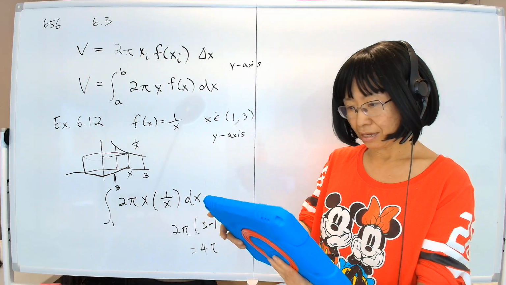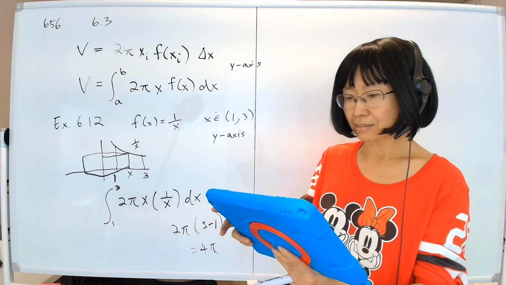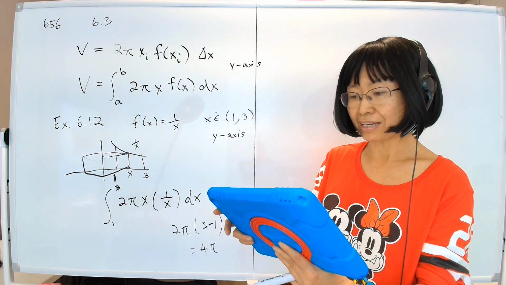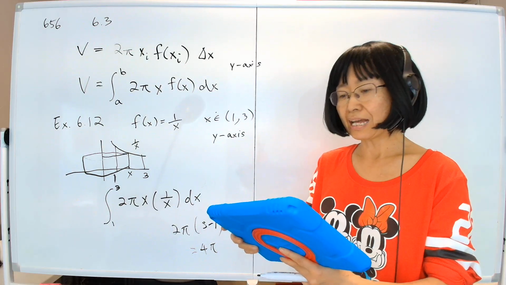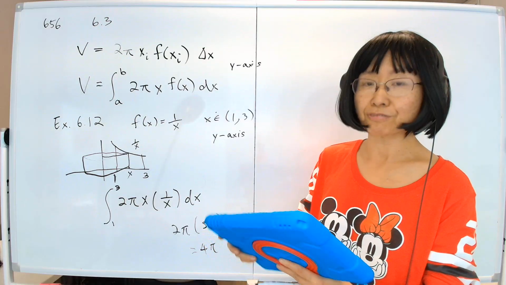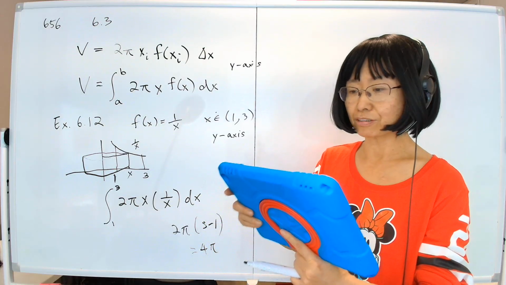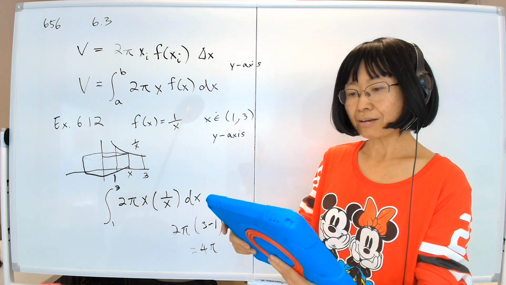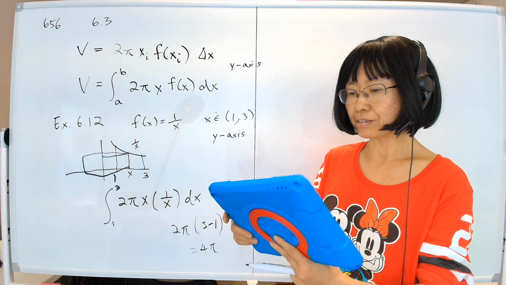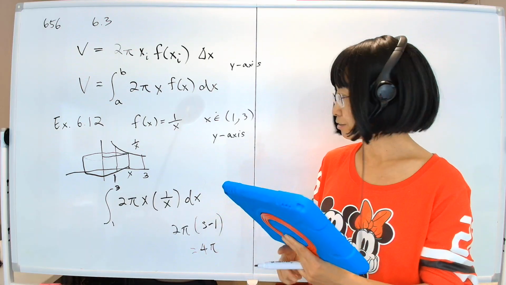That is the bundt cake. We did the bundt cake in the previous section when we had to use the disk method, and the disk method is not that good for bundt cakes. It's far better to use the shell method for the bundt cake, and we can see that in a moment. Now let's look at example 6.13, an almost identical kind of problem.